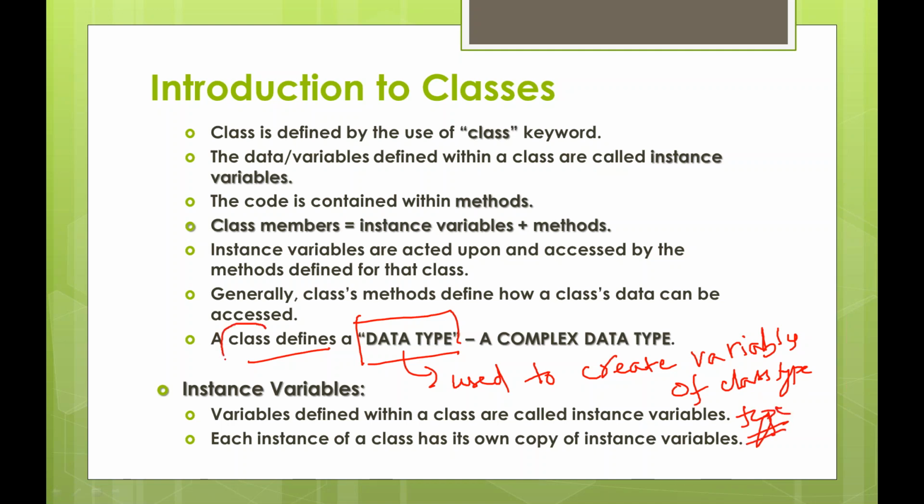This class defines a data type, and it can be used to define variables of that class type. We will see what is meant by a variable and what is meant by an object of a class.